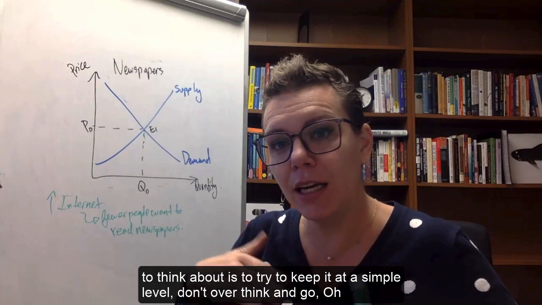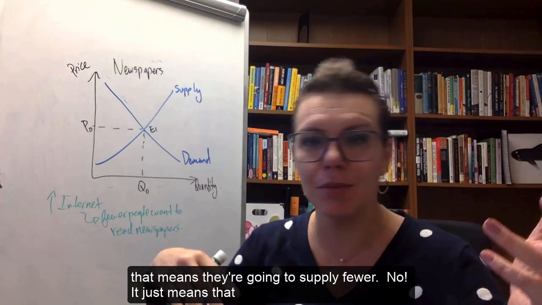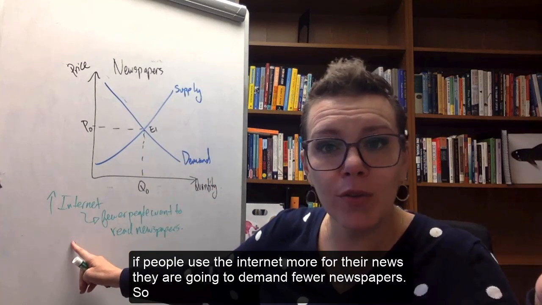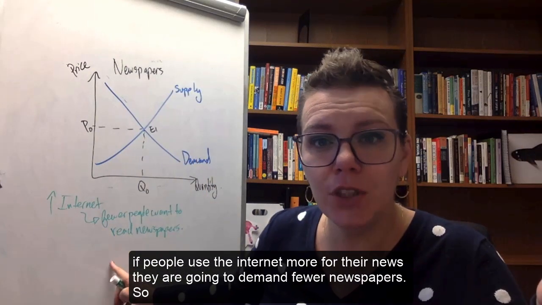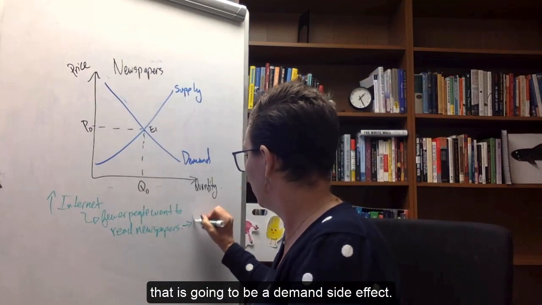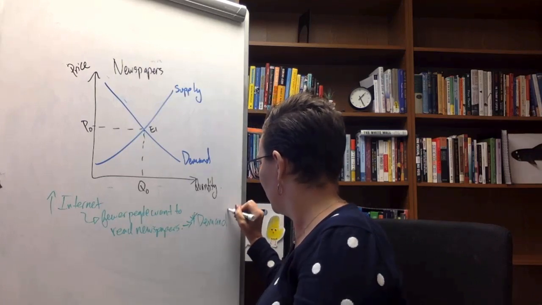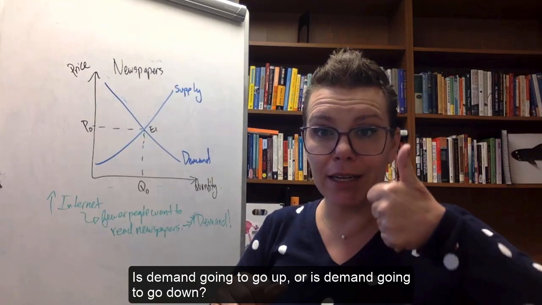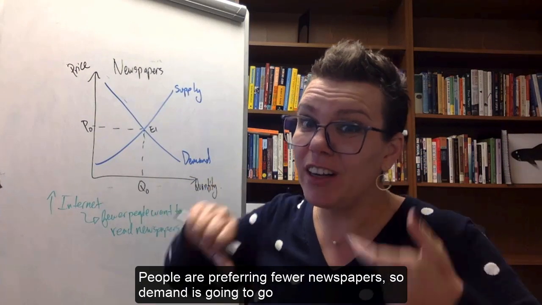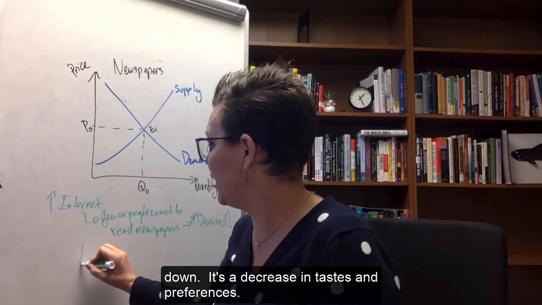What you want to think about is try to keep it at the simple level. Don't overthink and go, oh, well, that means they're going to supply fewer. No, it just means if people use the internet more for their news, they're going to demand fewer newspapers. So it's going to be a demand side effect. Is demand going to go up or down? People are preferring fewer newspapers, so demand is going to go down. It's a decrease in tastes and preferences.